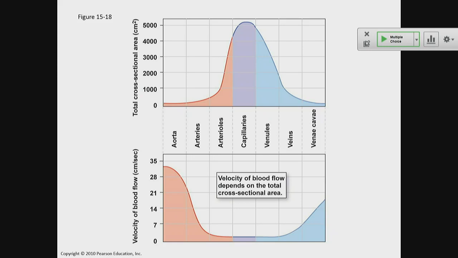And then the velocity is inversely related. And as someone pointed out correctly, you can see that there's some small mismatches here, and that results from the fact that the pressure difference is also not linear along the entire system.